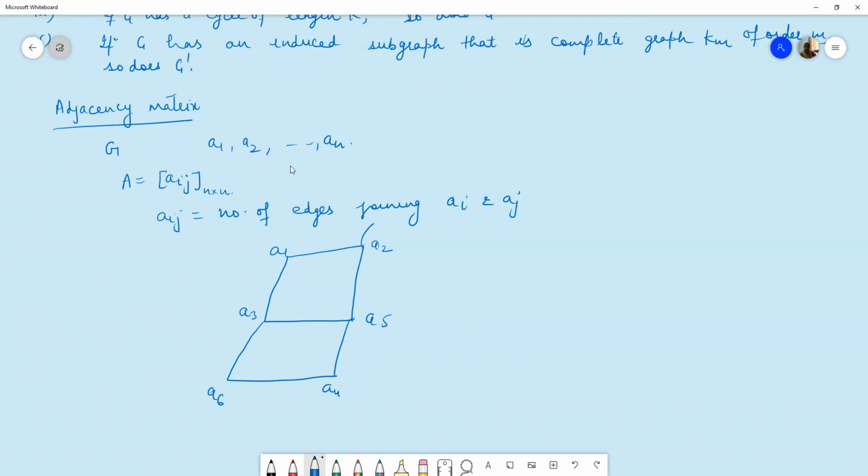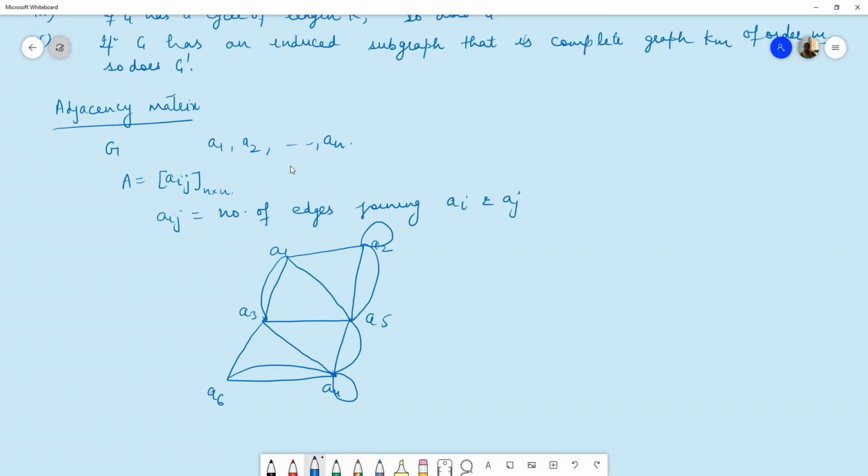Now we have a loop from A2 to A2. We have 2 different edges from A2 to A5, one is this, another is this. Then we have an edge from A1 to A5. Now there are 2 edges from this to this. Here we have one edge from A3 to A4, then 2 edges from A4 to A5, then a loop from A4 to A4.